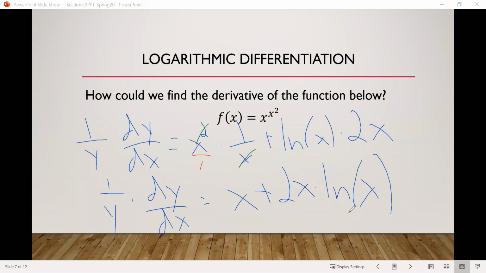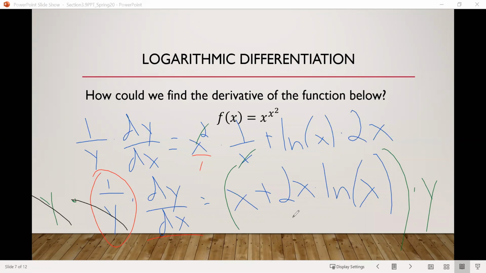And then we need to solve for dy dx, because we're trying to find the derivative. So I need to get rid of this 1 over y, which we can do by multiplying both sides by y. When I multiply the right-hand side, I'll put it all in parentheses, so times y like that. That'll cancel out the y's over here.